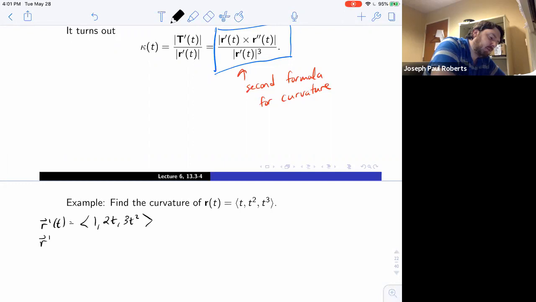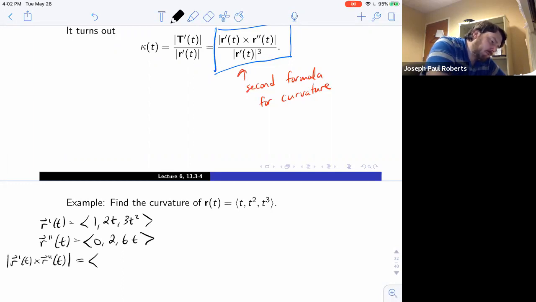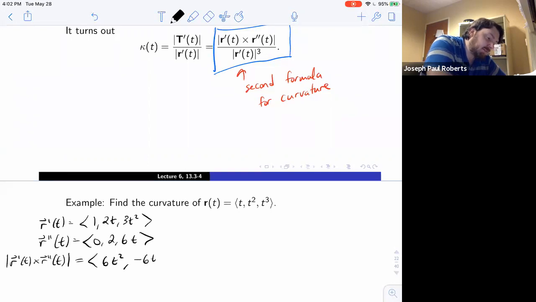I have to get r double prime, which is 0, 2, 6t. I have to get r prime cross r double prime, which ends up being what? 12t squared minus 6t squared is 6t squared. Then I get 0 minus 6t, and then I get 2 minus 0.